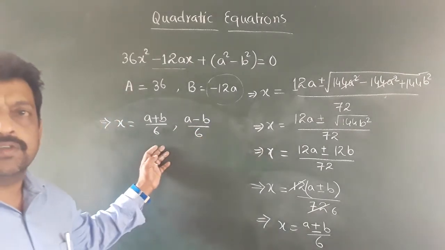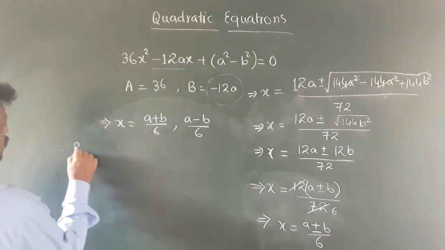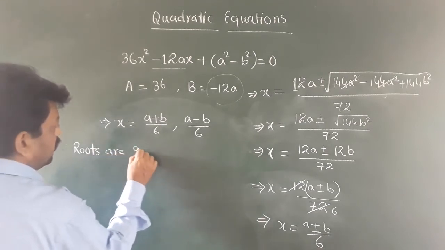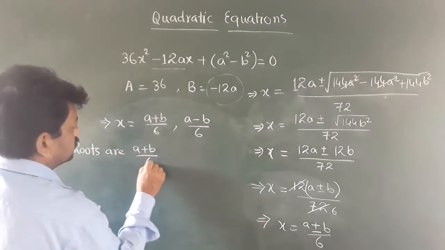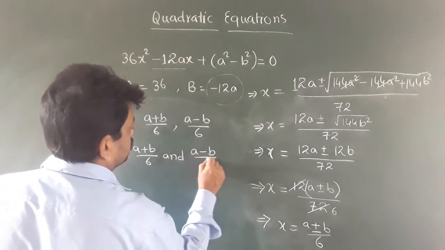So these are the two roots of the given quadratic equation. Therefore, roots are a plus b upon 6 and a minus b upon 6.